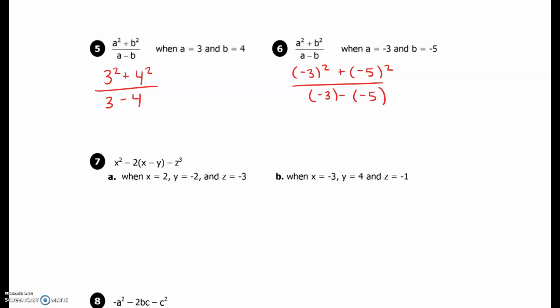So we will start with the exponents. 3 squared is 9, 4 squared is 16. 3 minus 4 is negative 1, which means we have 25 divided by negative 1. Our final answer for number 5 will be a negative 25.